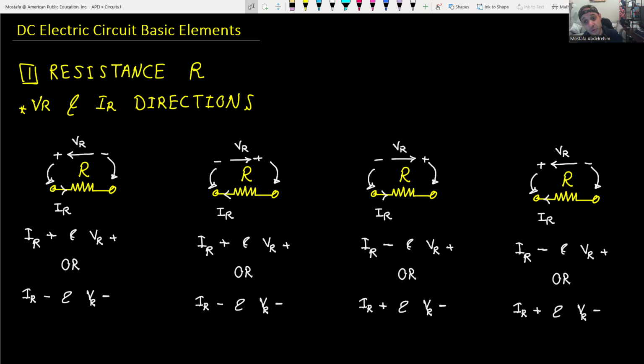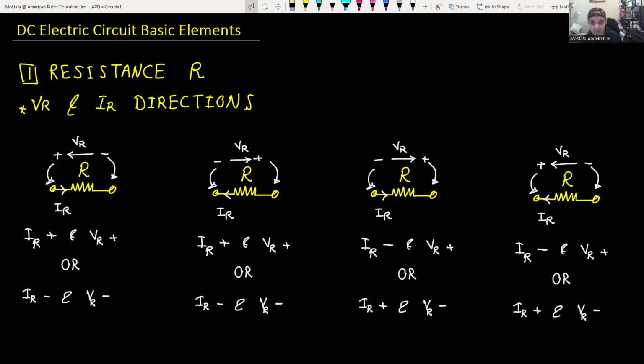Now, from a circuit point of view, I need you to understand how the voltage and the current of a resistance are shaped, or basically their signs and their direction. In any electric circuit, you can assume the voltage anywhere unless it's given.